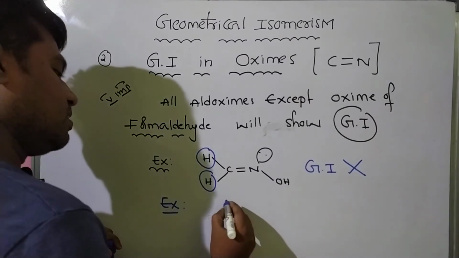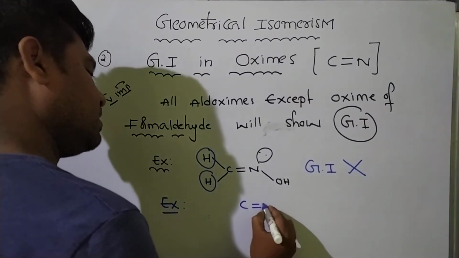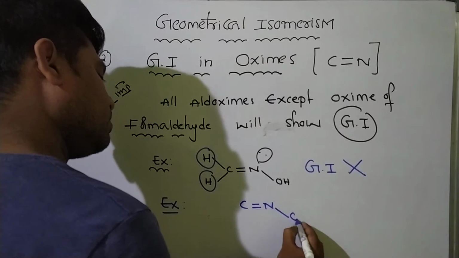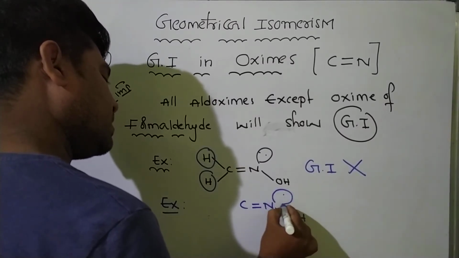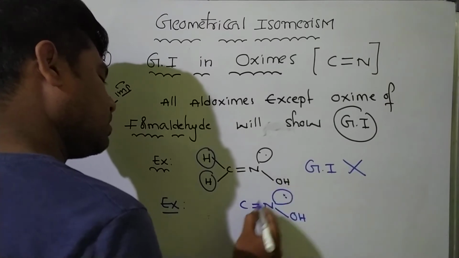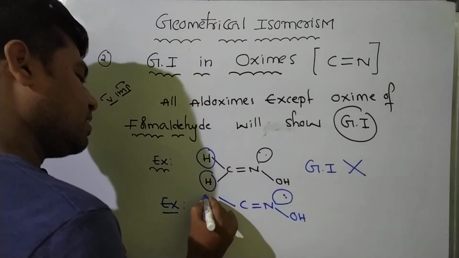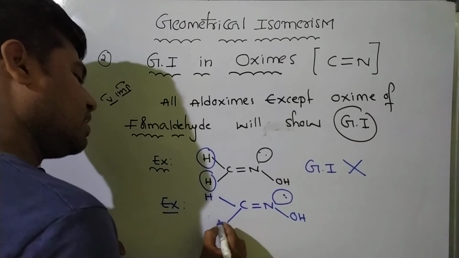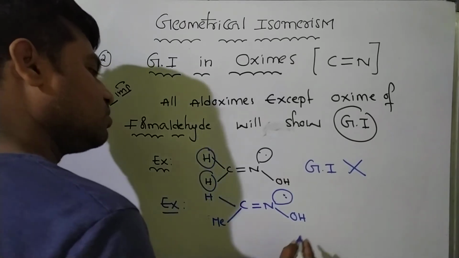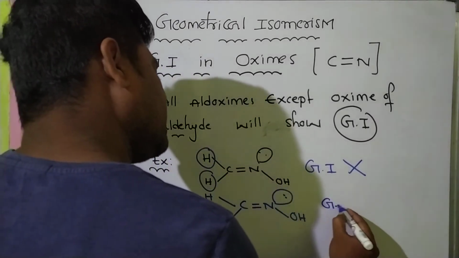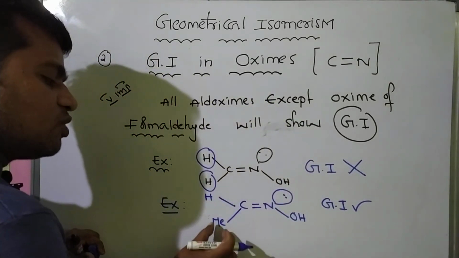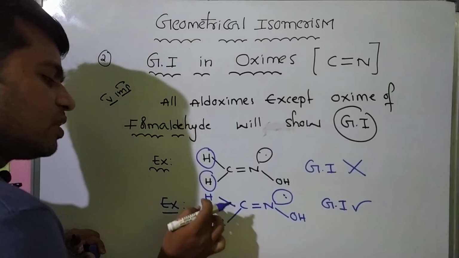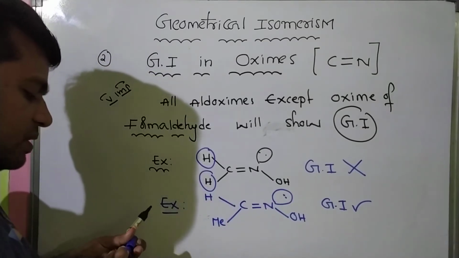Next, C double bond N, OH, and a lone pair. Here a hydrogen atom, here a methyl. So this will exhibit geometrical isomerism. Why? Because these two groups are different.